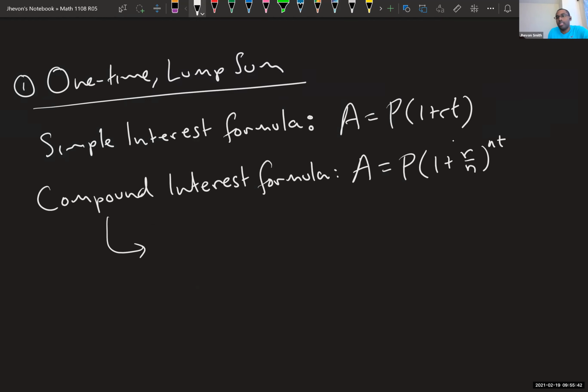Closely connected to this is, sometimes you want to solve for the P and leave the A as the future value. So you can do that. The present value of a lump sum that's going to be compounded in the future.